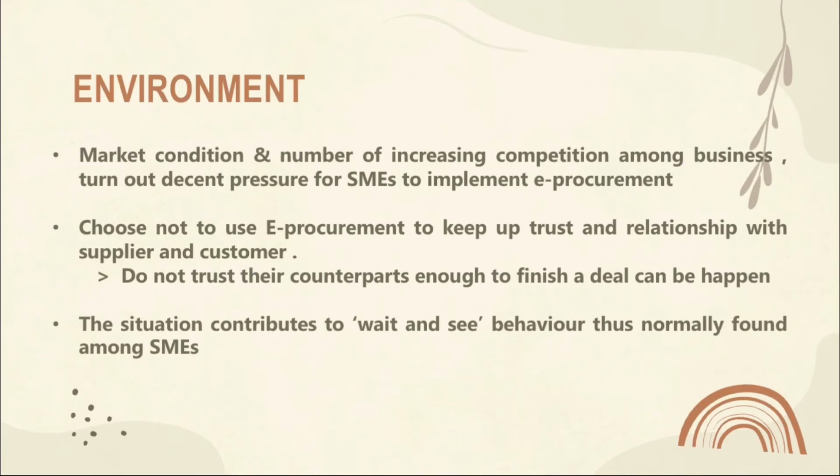There are situations where they choose not to use e-procurement to keep up trust and relationship with suppliers and customers. They do not trust their counterparts enough to finish a deal. This situation contributes to the wait-and-see behavior that's normally found among SMEs.